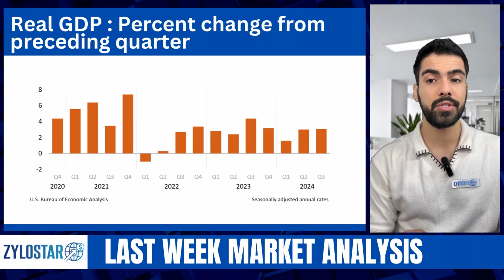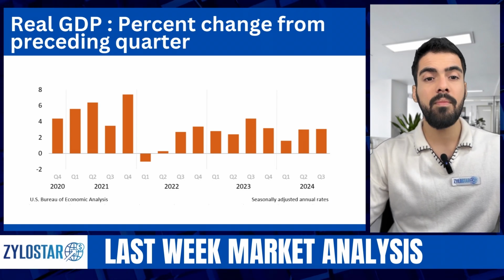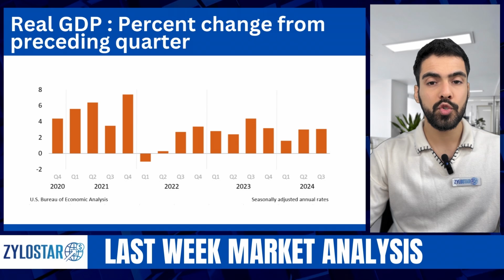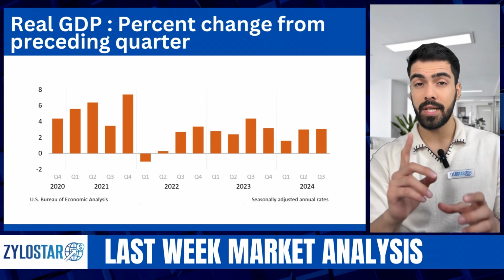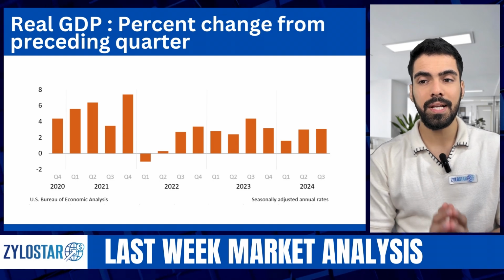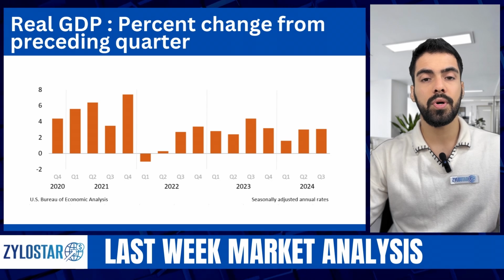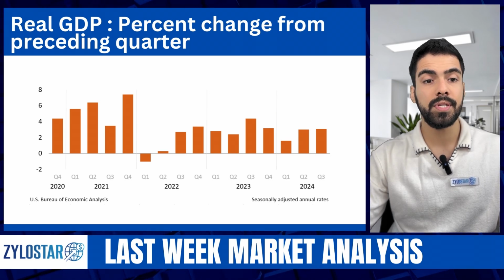Real disposable personal income increased 1.1%, an upward revision of 0.3 percentage point, and personal saving was $936.6 billion in the third quarter, an upward revision of 2.1 billion from the previous estimate.